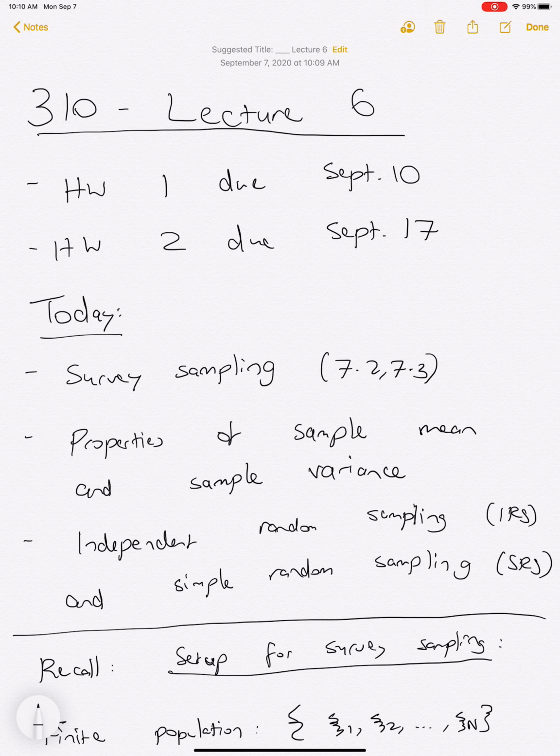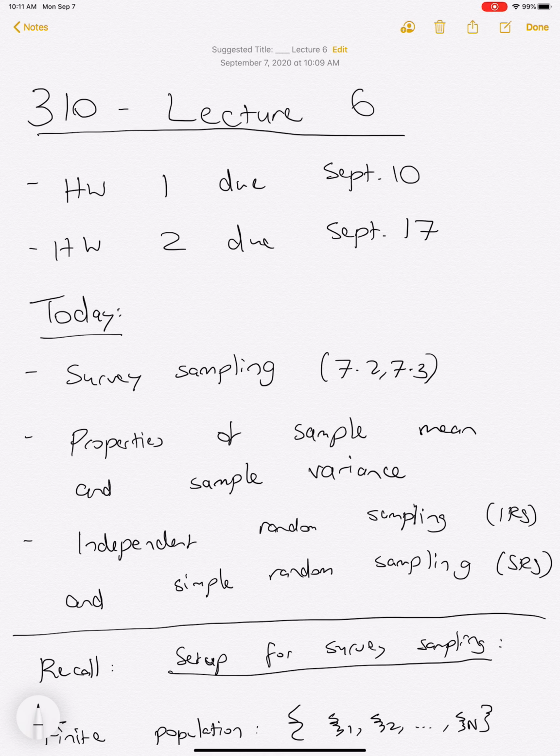So today we're going to cover parts of chapter 7 of the textbook, which focuses on survey sampling, and in particular we're going to look at properties of the sample mean and sample variance in this context. We talked a bit about that in the context of the independent normal sample earlier, which comes from chapter 6. In chapter 7, we're looking at the setting where we have survey samples, which we introduced in the previous lecture, and we're going to go into more detail in this lecture.